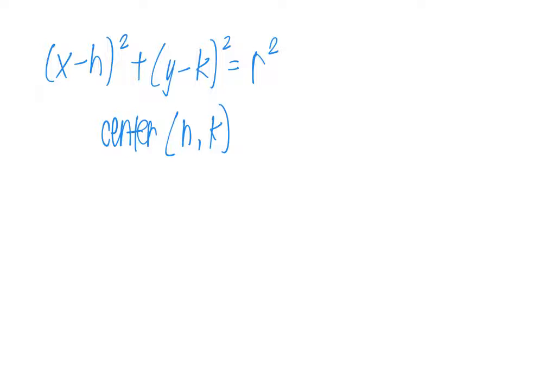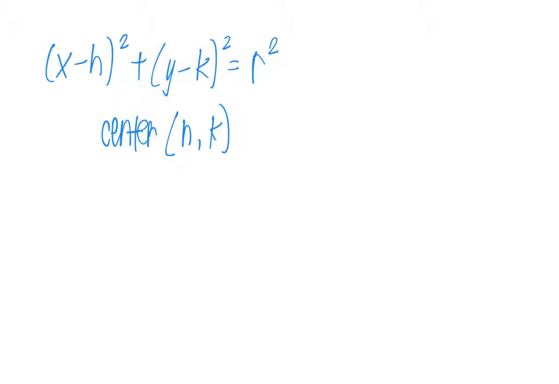And it's really interesting whenever you're looking at the equation and you're asked the center, because when you're asked the center, you write down the opposite sign that you see. In the equation, I saw a minus h, but I wrote down for the center a positive h. And in the equation, I see a minus k, but for the center, I wrote down a positive k.